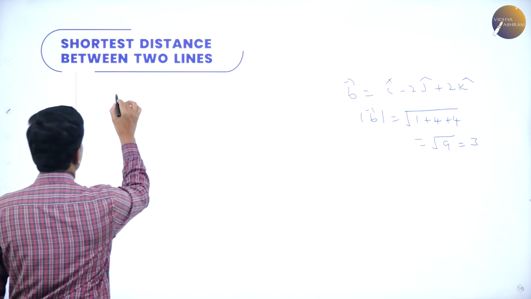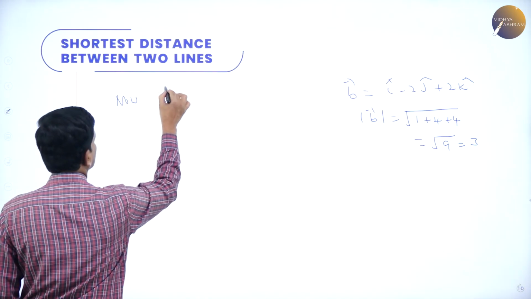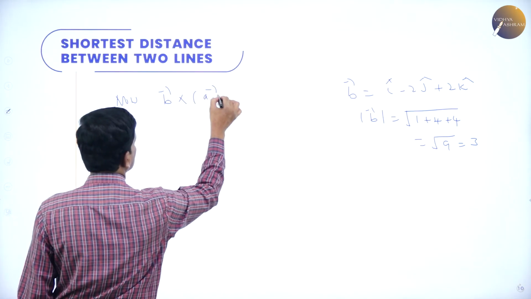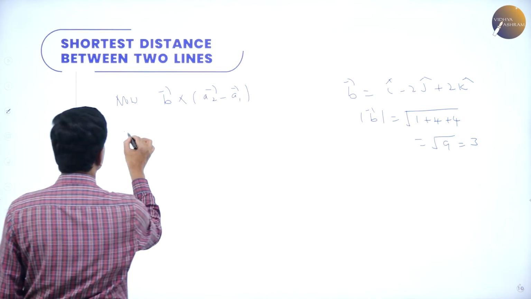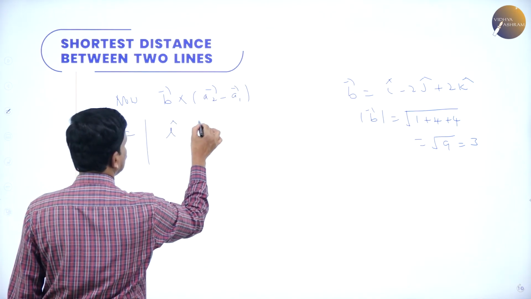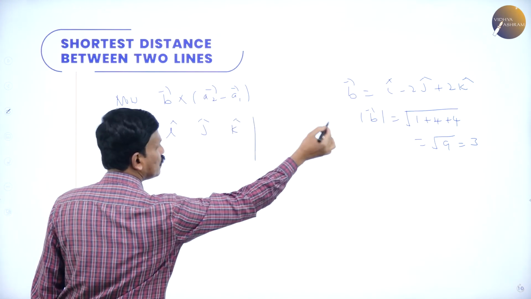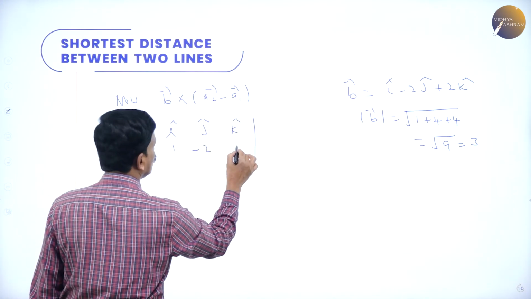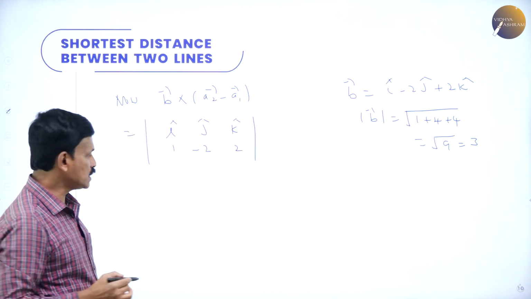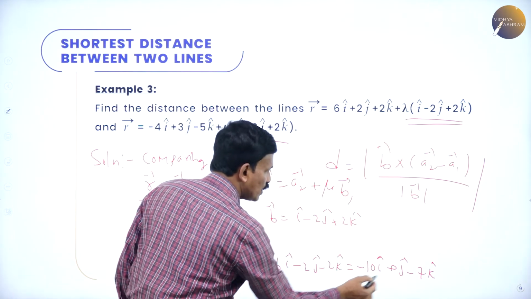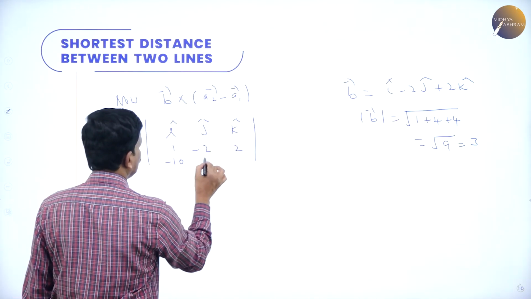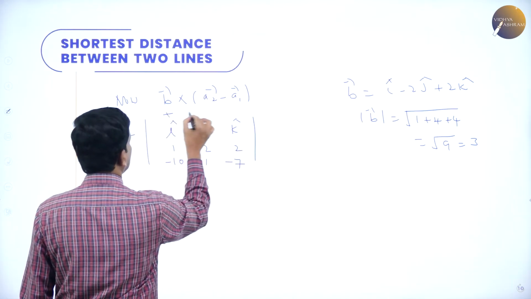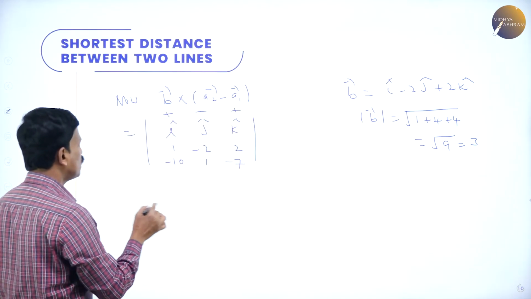Now I will write vector B cross (A2 minus A1). This is the determinant with i, j, k; vector B is 1, −2, 2; and A2 minus A1 is −10, 1, −7. Expand along the first row with signs plus, minus, plus.